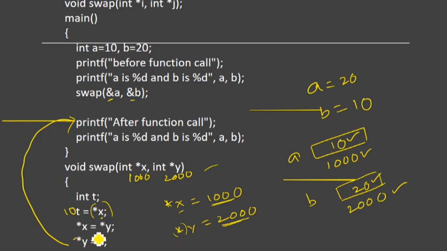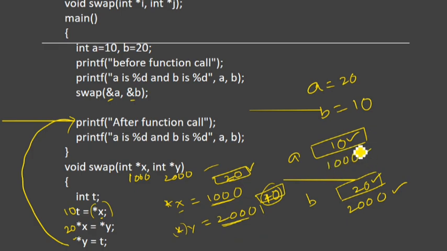Now 20 is going to be stored at the address in x, which is 1000, so 20 is stored there. Next, t is 10, so 10 is going to be stored at address 2000. So address 2000 now contains 10, and address 1000 contains 20.